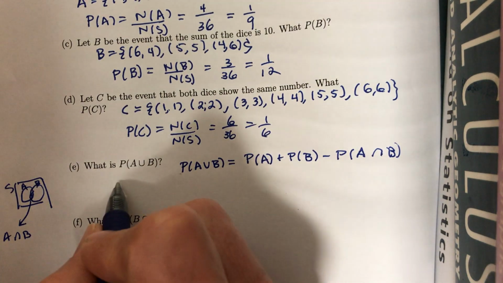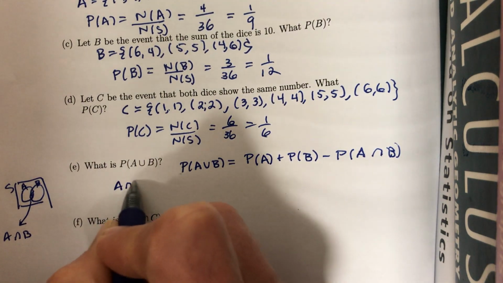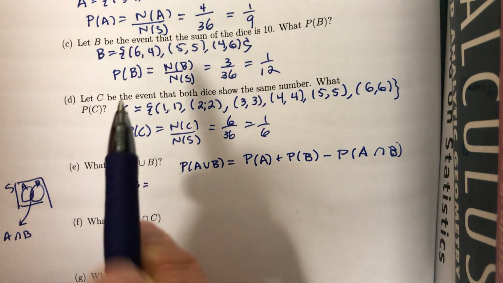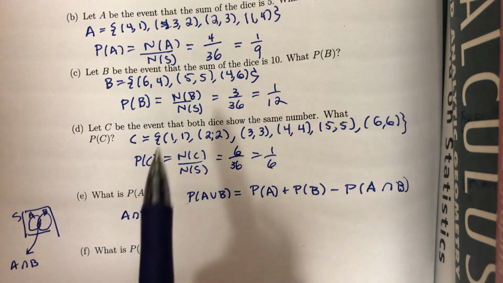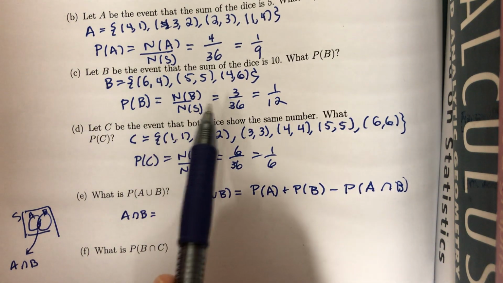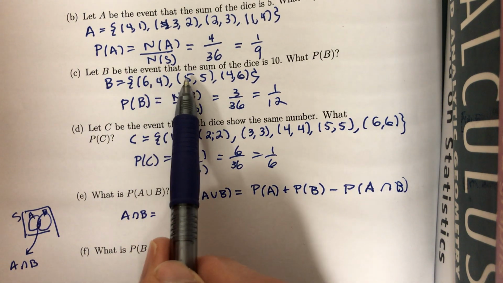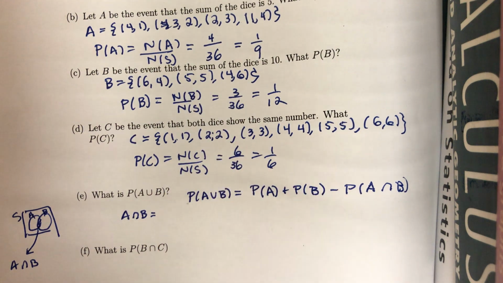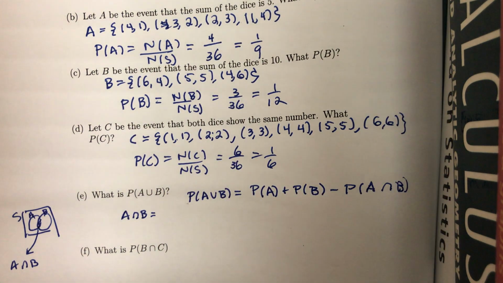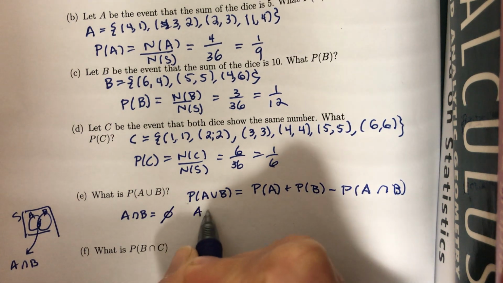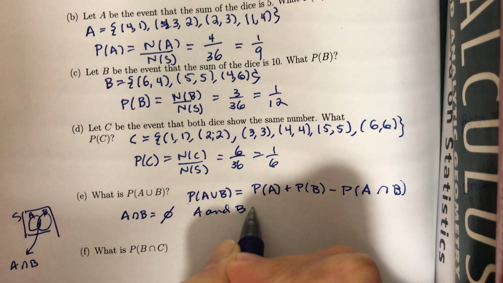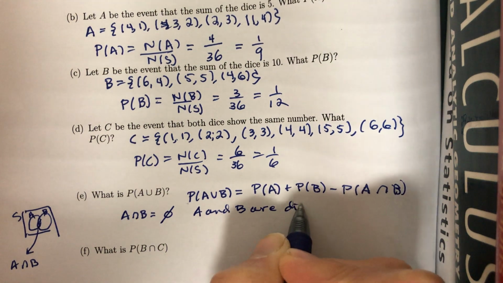So what is the overlap of A and B? What element is common to both A and B? Well, let's see, A has (6,4), (5,5), (4,6). Oh, there's nothing. A and B are disjoint.